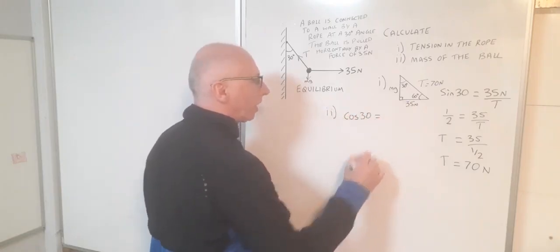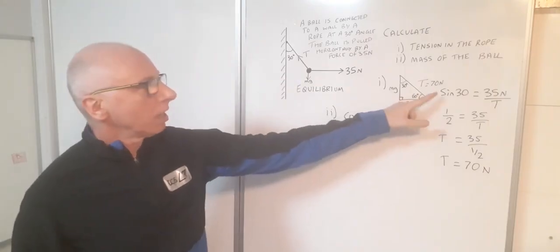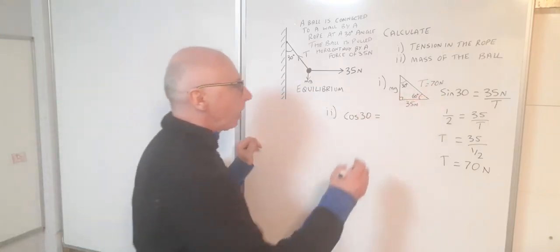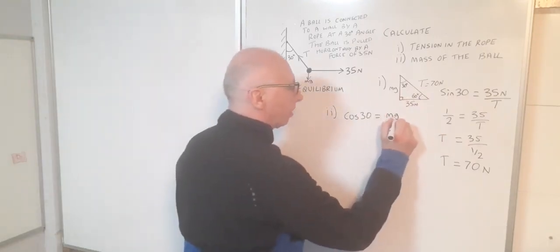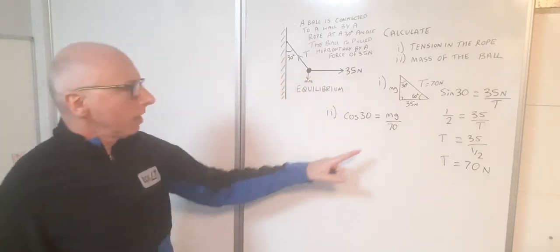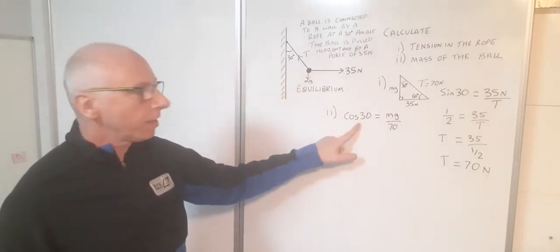So that's just a value. Remember, that's adjacent over hypotenuse. So hypotenuse is 70 and adjacent is my mass times gravity. Okay, so now to find my mg, I just do 70 times cosine 30.